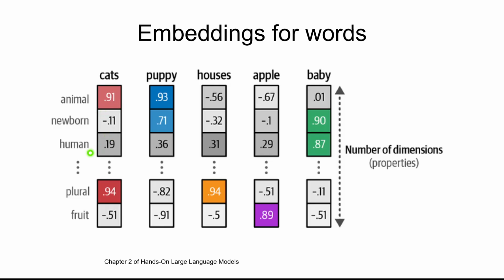And if we look at the third dimension, which represents humans, we can see that only baby has a very high score here because baby is related to human, and all other words are not related to human. So by looking at the scores for different dimensions for a specific word, we can actually get the properties of this word. That way we can basically encode the specific word using these different dimensions in the word embedding space.